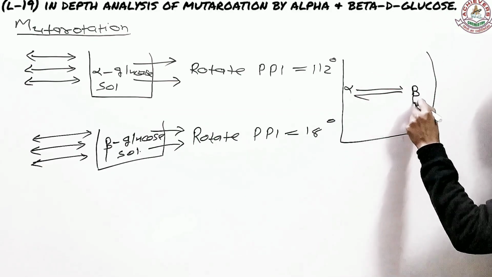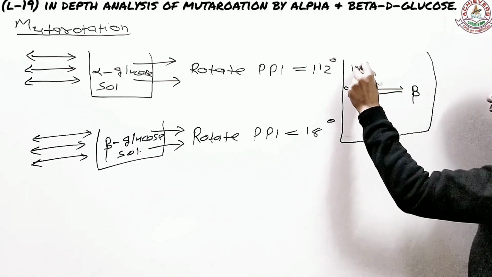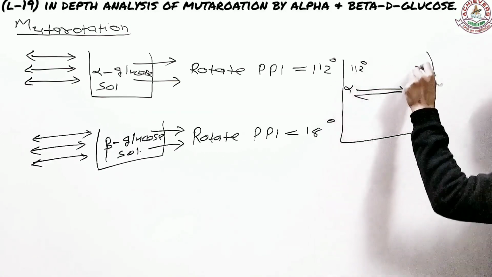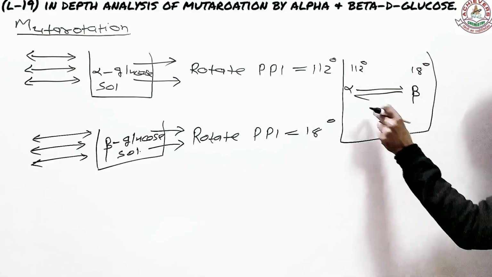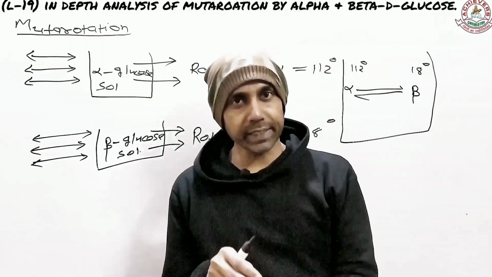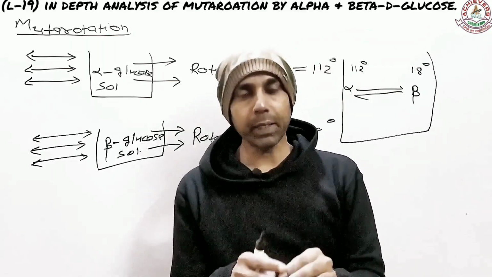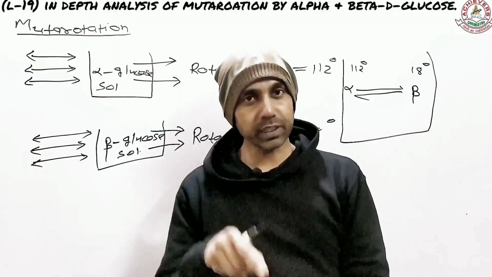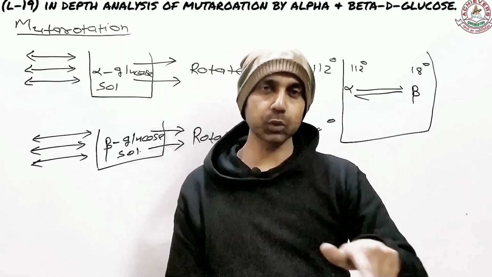This one gives 112 degree rotation, but this one gives 18 degree rotation. It is not necessary that the rotation is going to be fixed here, because it depends on the concentration of alpha changing into beta and beta changing into alpha.